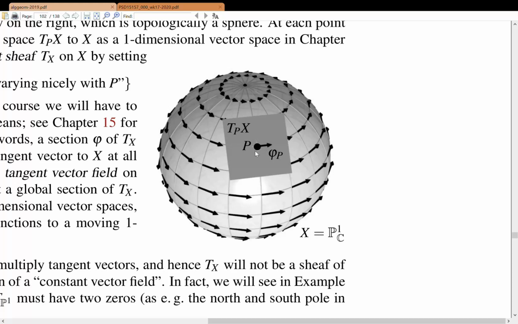The tangent spaces are different at each point. So for example, there's no such thing as a constant vector field on the sphere. Right, okay. So a section of the tangent sheaf is sometimes called a vector field. Okay, there's no constant vector field on the sphere because all the tangent spaces are different.